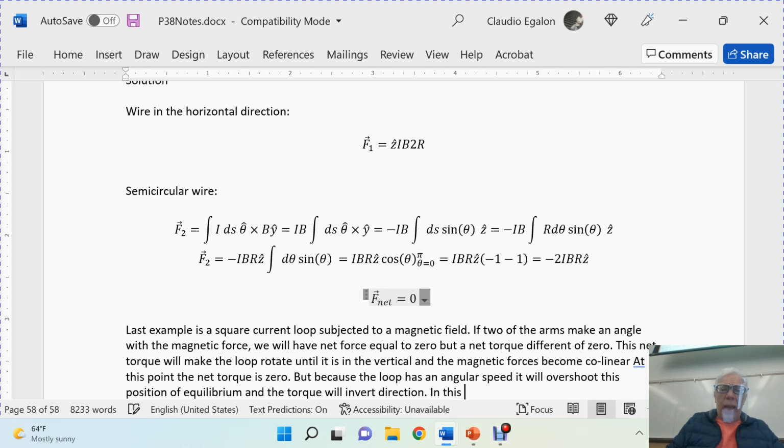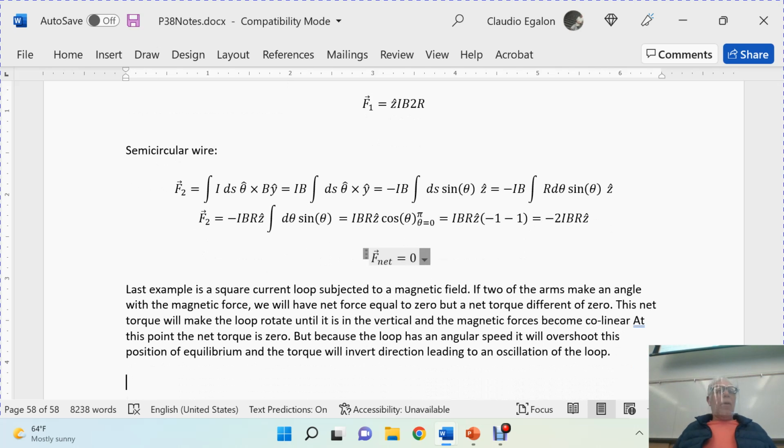In this case, leading to an oscillation of the loop. Okay, that's what you have to know. If you want to see more details, you can sit down there at home and see how exactly it works.